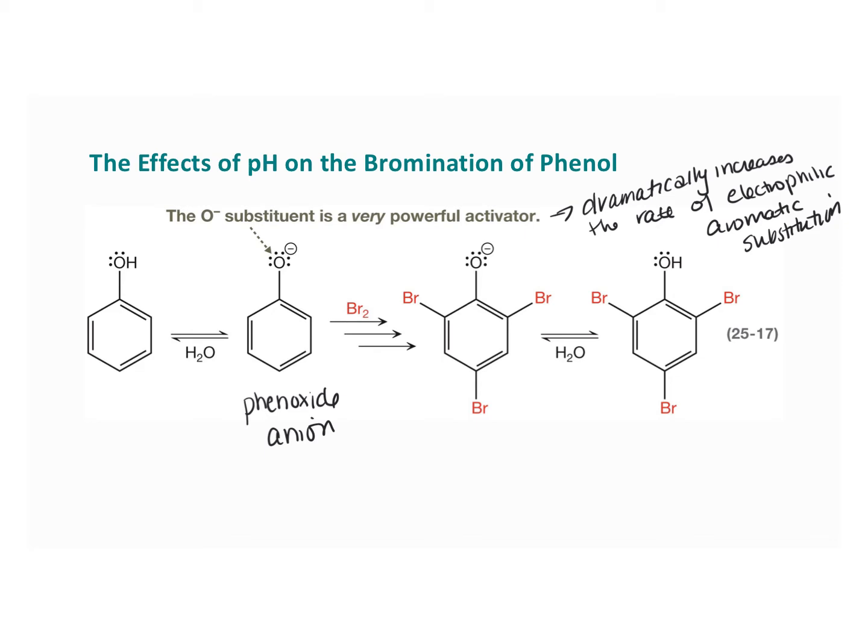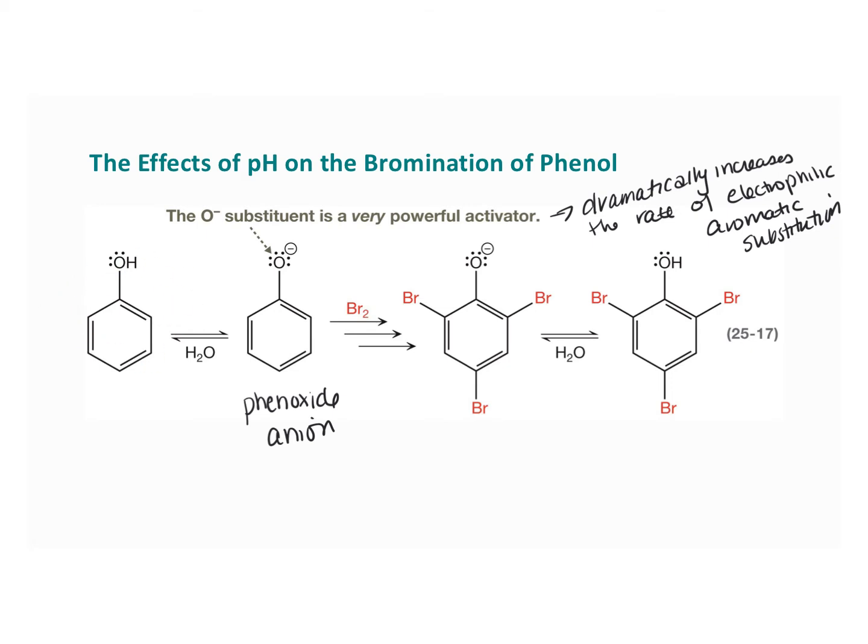The presence of acetic acid will decrease the pH in the solution, and so the resulting increased concentration of H+ decreases the concentration of the phenoxide ion via Le Chatelier's principle. So it shifts this equilibrium this way.